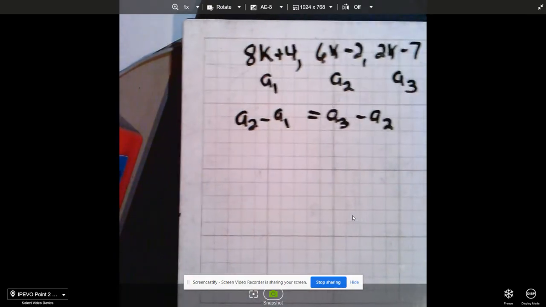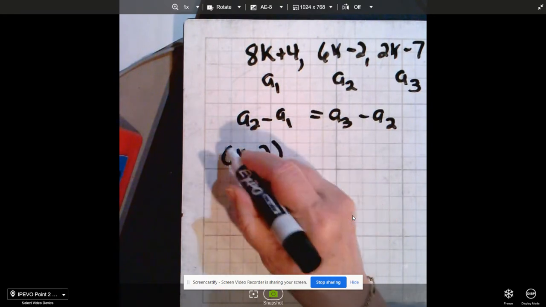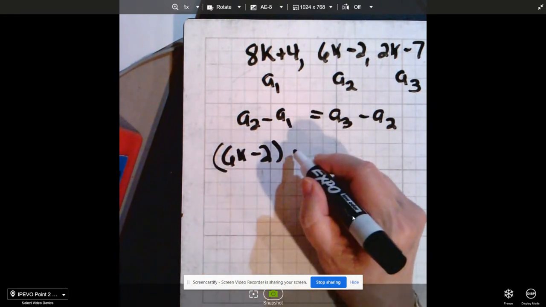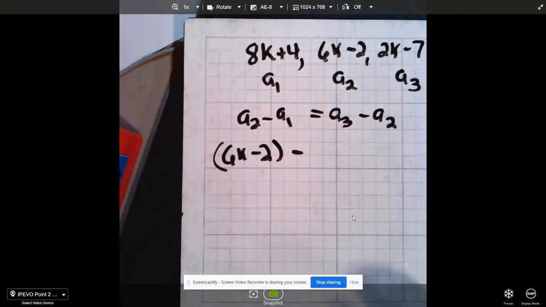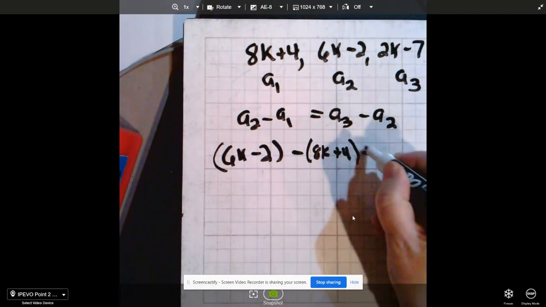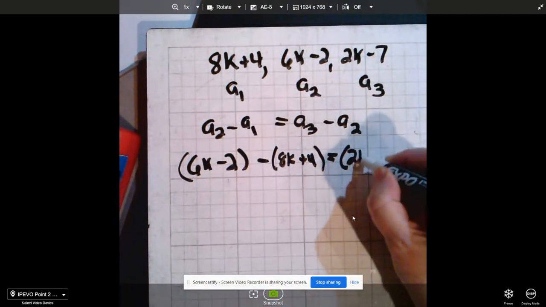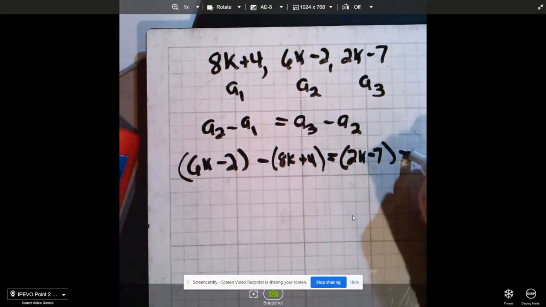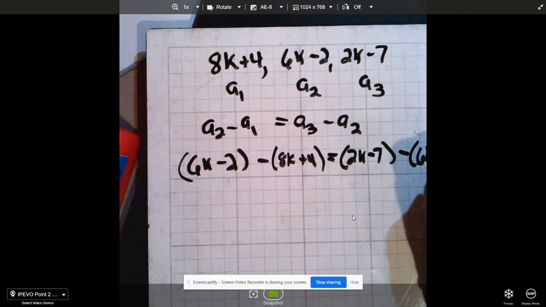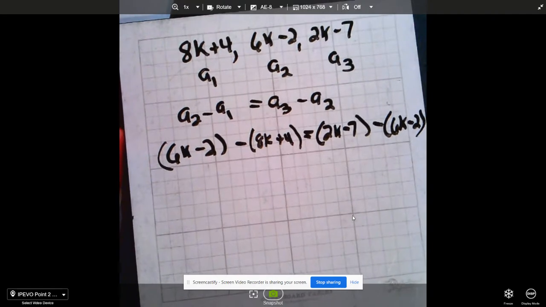So let's go ahead and fill in what we know. 6k minus 2 minus 8k plus 4 has to equal 2k minus 7 minus 6k minus 2. I'm kind of running out of room, but I think you can get that there, right? There you go.